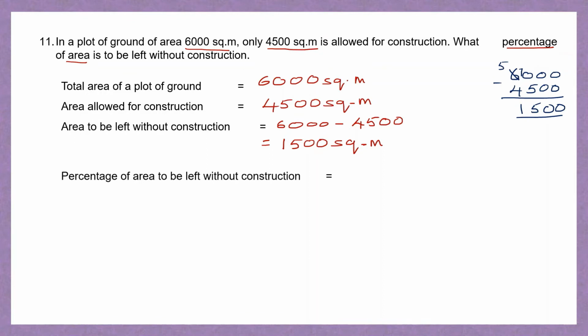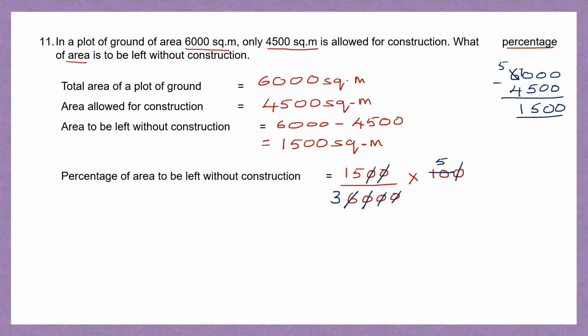Now we can find the percentage of this area. Percentage of this area we find by writing this area by the total area, which is 6,000. And to find the percentage, multiply by 100. Let's cancel. 2 zeros here, 2 zeros here. I can cancel one more 0 here and 1 0 there. Now I can cancel 6 and 10 both by 2. 2 3s are 6 and 2 5s are 10.